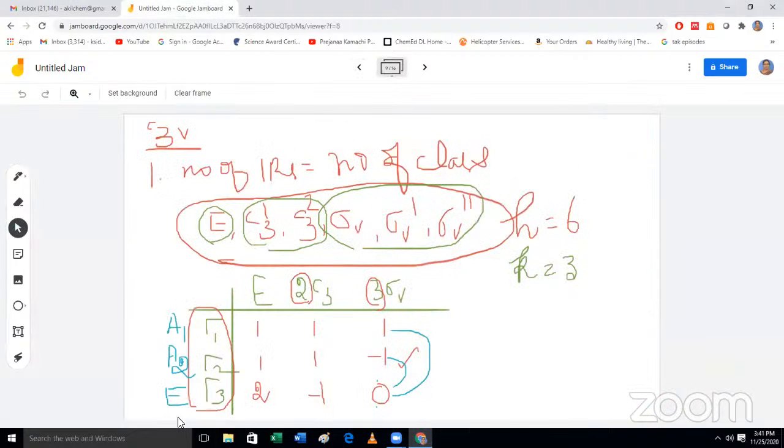Now the Mulliken symbol for C3v is A, and as the dimensionality is 1, it is either A or B. And next also it is positive, so A. When it is positive, it is 1, and when it is negative, it is 2. And here for E, there is only one expression, so you need not give any E1 or E2.